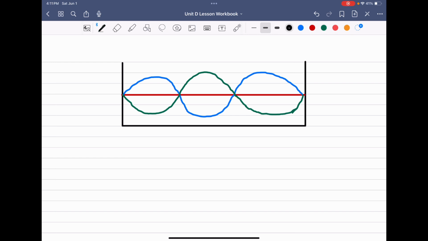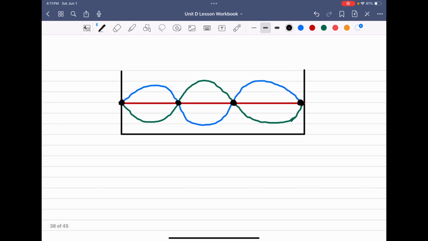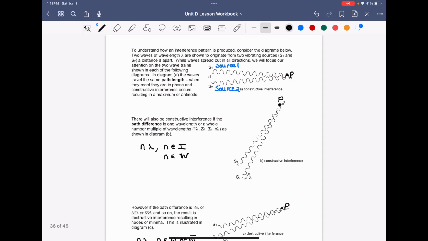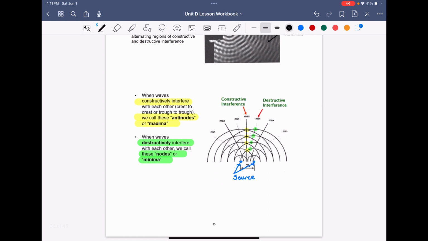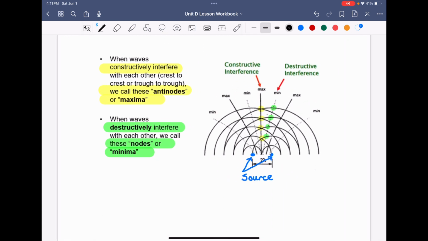So right away, we want to fill in the nodes. The nodes are the areas in which the standing wave is on the equilibrium. So that appears here, it appears here, it appears here, it appears here. So there are 4 positions of what we call nodes, or these ideas that if we even flip back here, we're going to go back to our slide here. These nodes are these areas of minima.